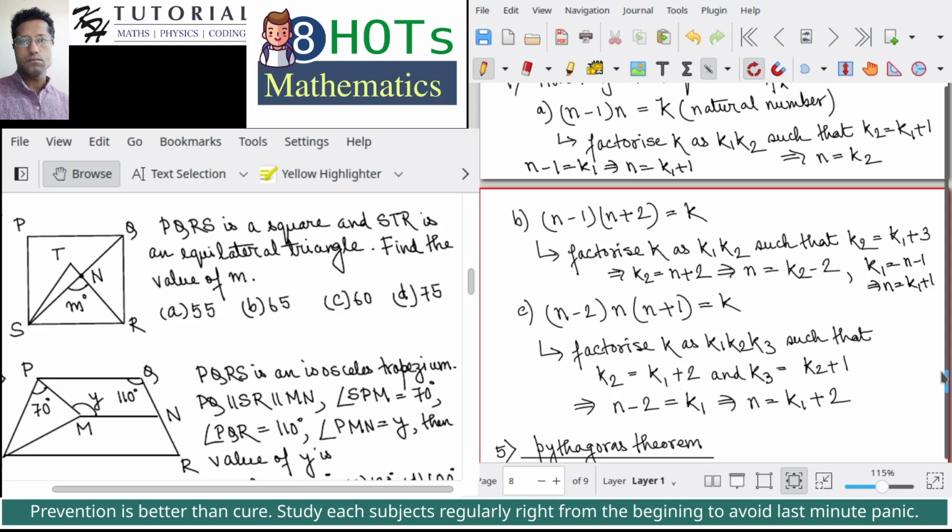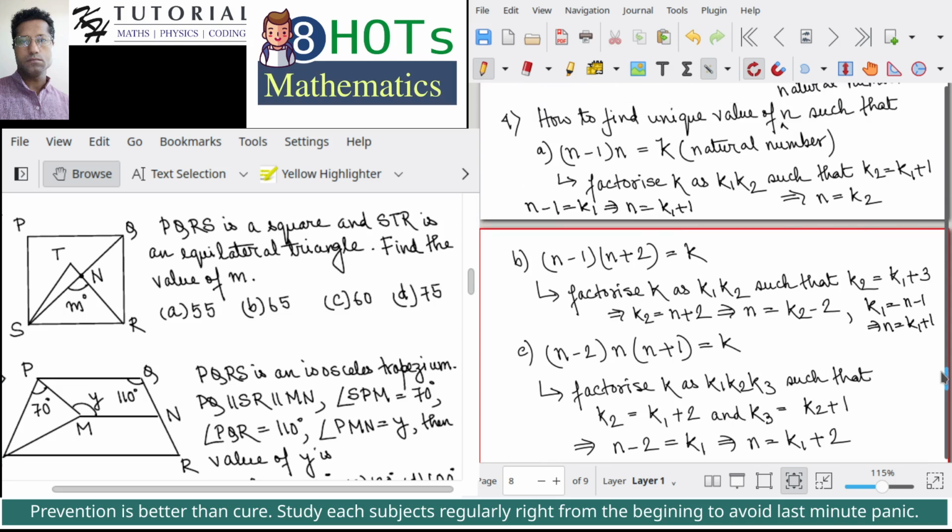So from n minus 2 equals k1, you can easily find n as k1 plus 2. Also n will be equal to k2 and also n will be equal to k3 minus 1. So this way you solve for n where this kind of relation is given. So this concept was used to solve the problem number 3.